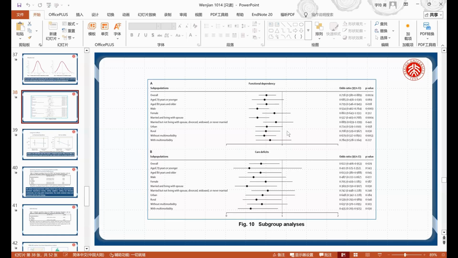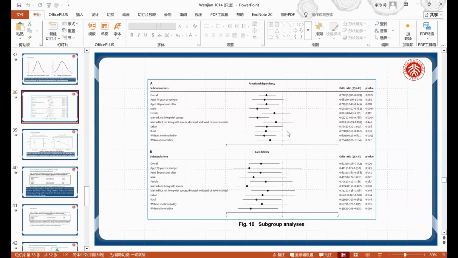Maybe in rural areas, the foundation of integrated care is poorer than in urban areas.